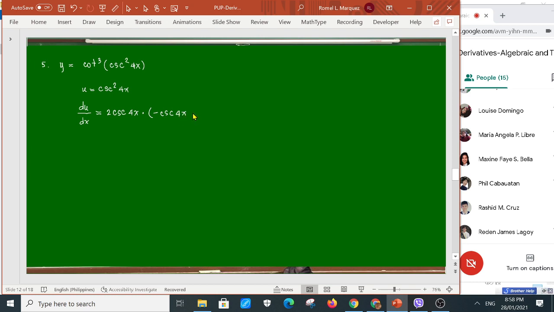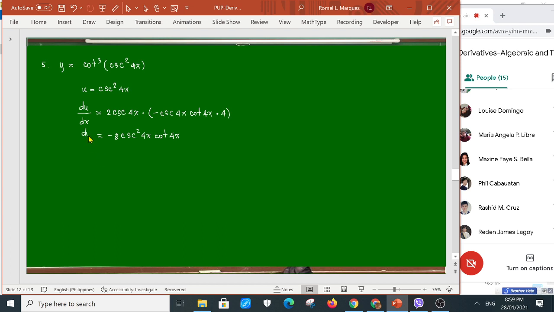What else? Cotangent 4x times the derivative of 4x, which is 4. Don't forget, okay? Simplify. What's the simplified form of this? Negative 8 cosecant squared 4x cotangent 4x. Quiz 1 scores are so low. I will hand out really low scores.